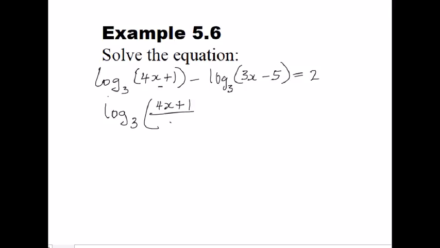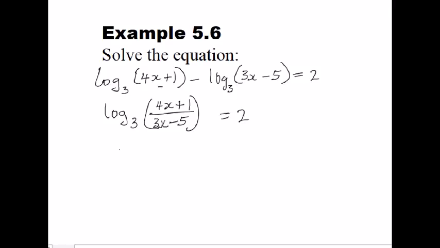Here also is log 3, so you can have a log 3 like this. The minus will change to a division sign, so we're going to have (4x plus 1) all over (3x minus 5), everything equals 2.